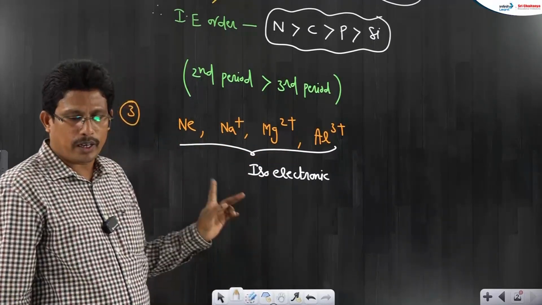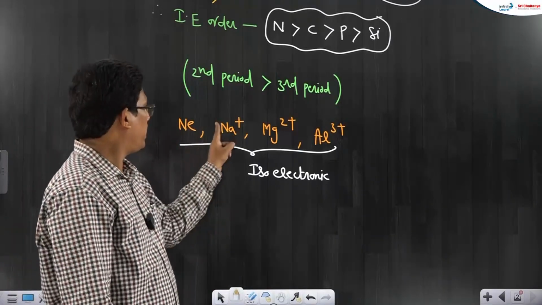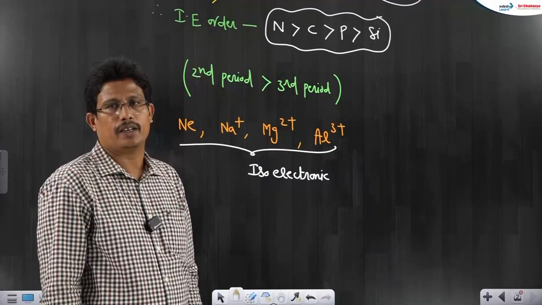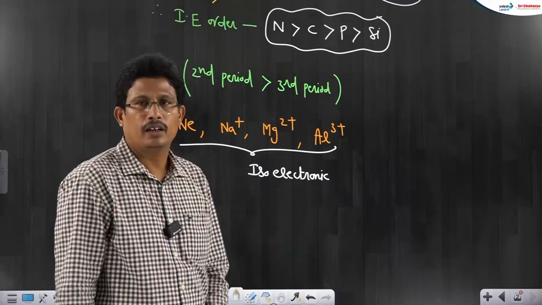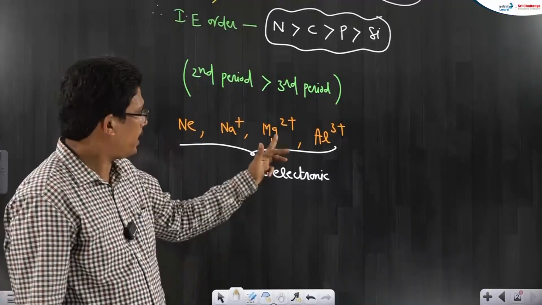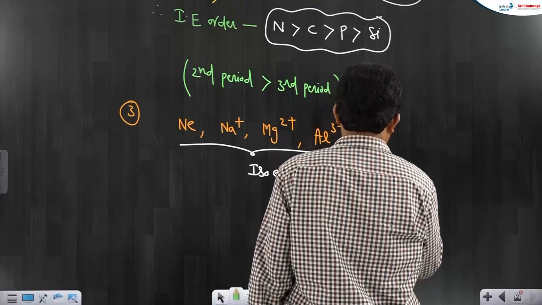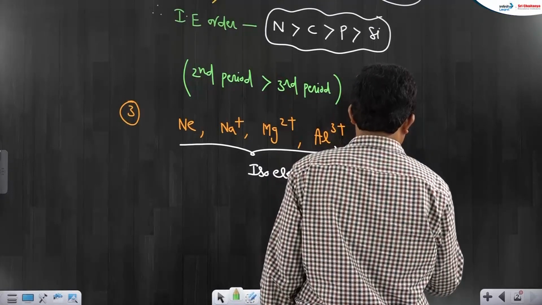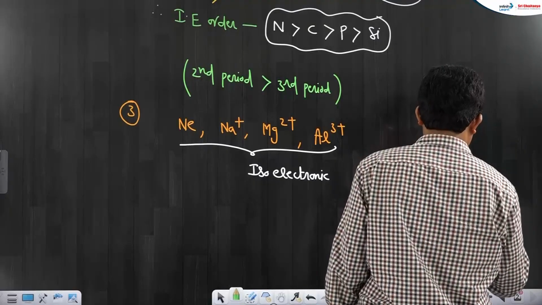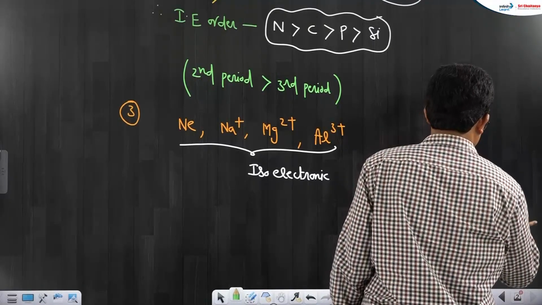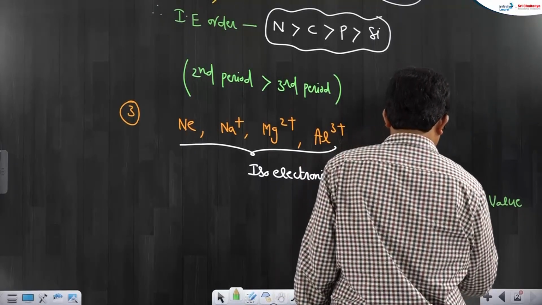You already know about ionic radii clearly. In isoelectronic species, as the magnitude of positive charge increases, radii decreases. Here the smallest radius is Al3 plus, that's why it has more ionization energy. It requires more ionization energy. Ionization energy is directly proportional to effective nuclear charge or inversely proportional to atomic radius.